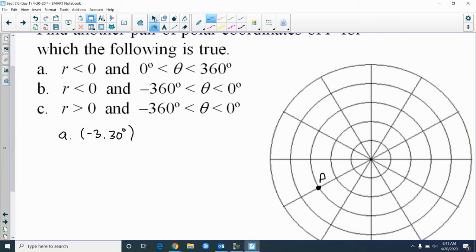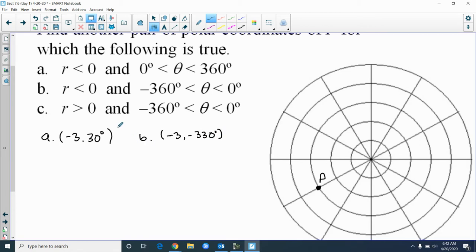All right, so part B. It says r is less than 0, so it's a negative, and you have a negative angle. So let's take a look at that. This might be the more difficult one to figure out initially.